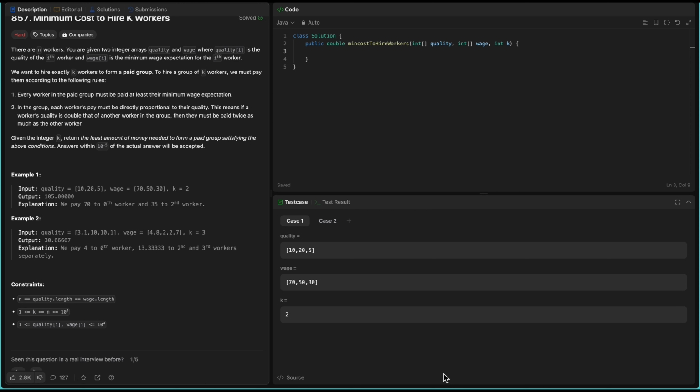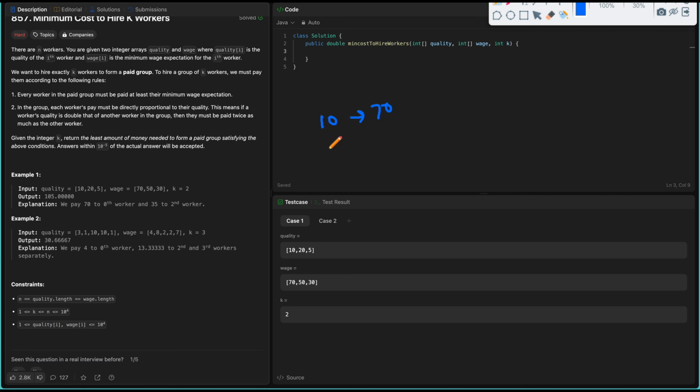Another selection we can do is worker 0 and 1. So for example, in this case, let's draw it a bit. The quality that we will get from worker 0 is 10, and we are paying 70 for it, right?